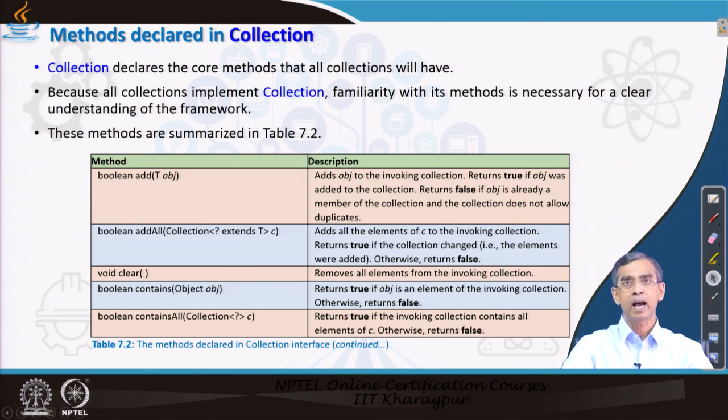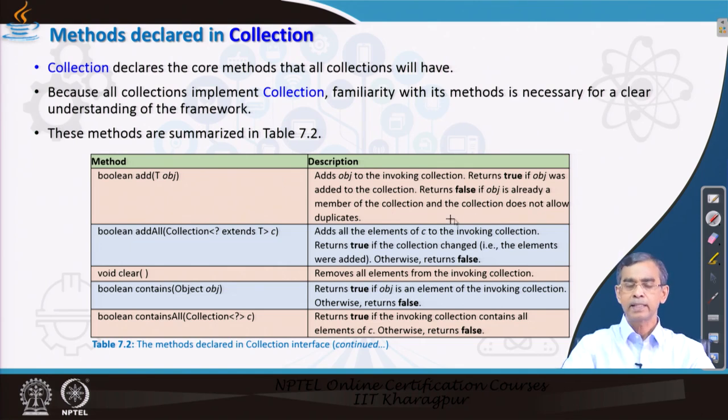I just highlight a few methods, and all the methods have their brief description in the right side column. If you want to know details about any method, you should read the description provided. We will discuss all these methods and their utilization with example programs later, not in this lecture.